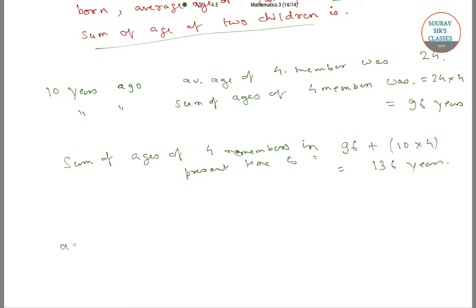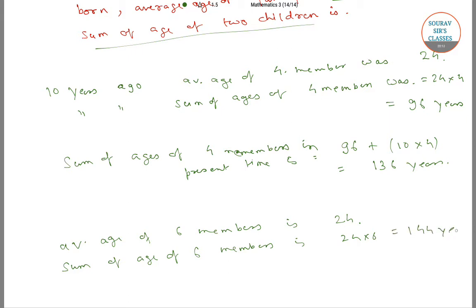So average age of 6 members is 24. So sum of ages of 6 members is 24 into 6, which is equals to 144 years.